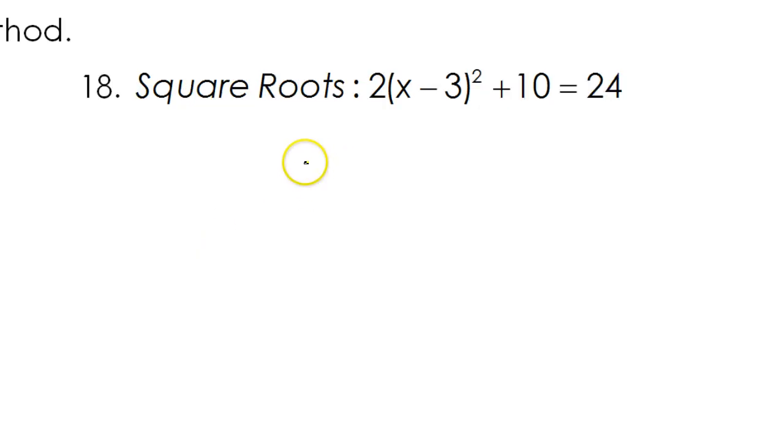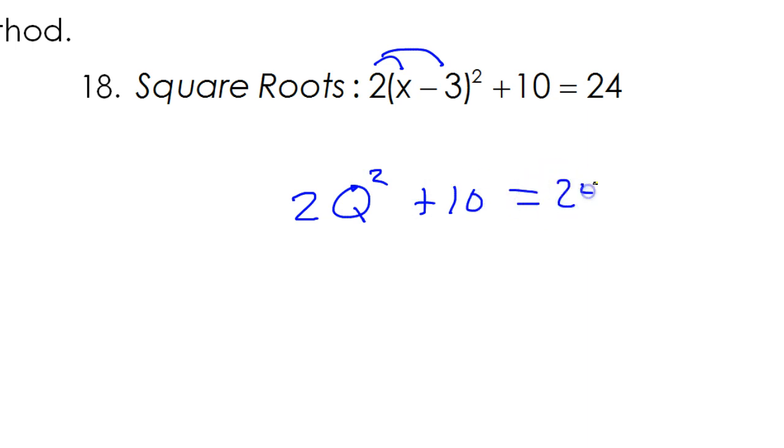Alright, number 18. We're going to solve this by taking square roots. That's a big hint. Many students have trouble with this. They want to distribute, and they don't understand that you can't distribute when it's being squared. So usually I try to help them by asking them, what if it was 2q squared plus 10 equals 24?